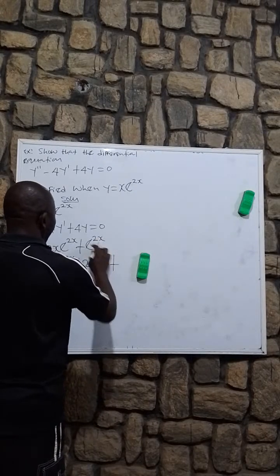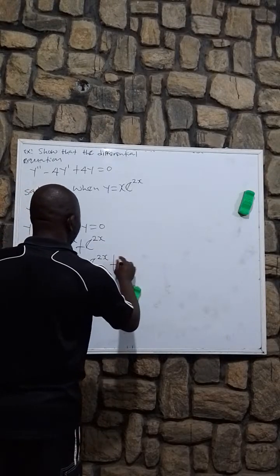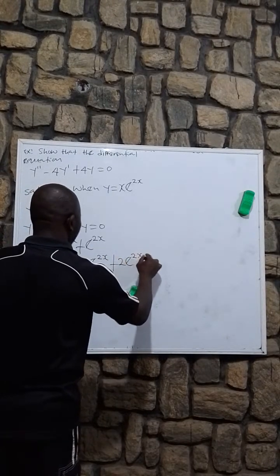Then plus, differentiating this gives 2 exponential 2x.